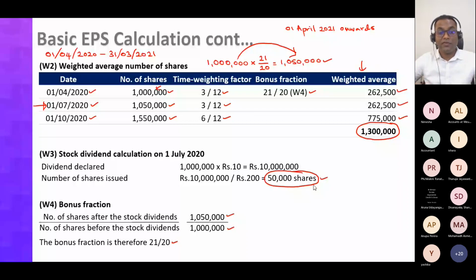So in this question, we discussed the matter with regard to a stock dividend. The same scenario is applicable to a bonus issue, right? And also here, there is no involvement of a rights issue. But if you look at the last past paper question, the July 2022 paper, you had a question on EPS involving a rights issue, whereas in this question it is EPS involving a stock dividend.